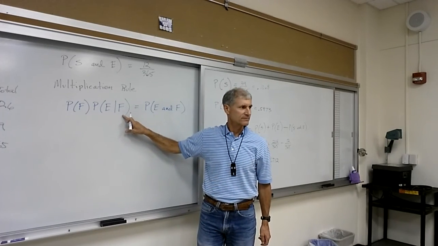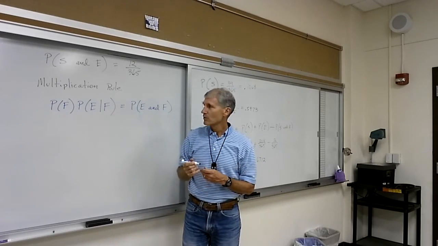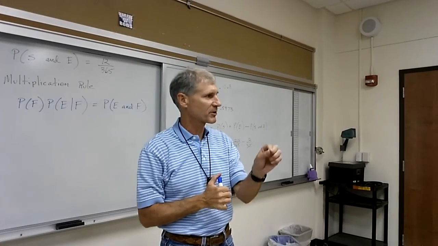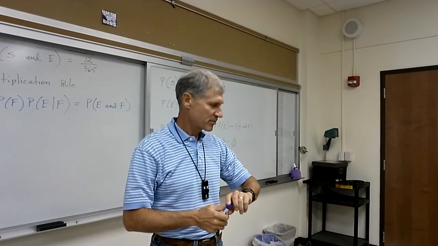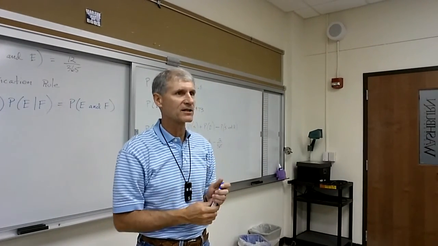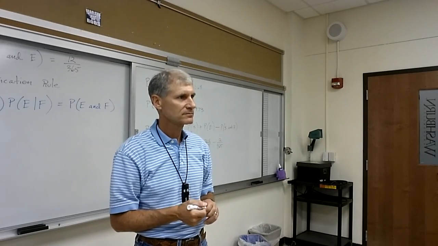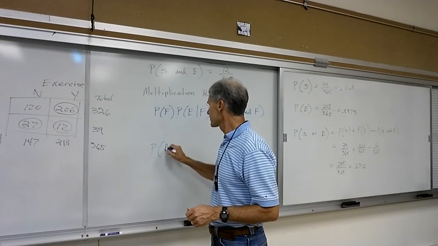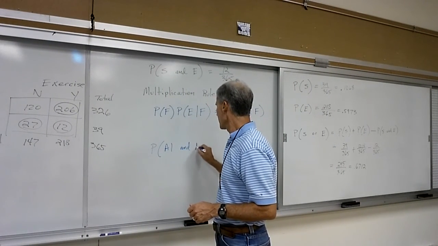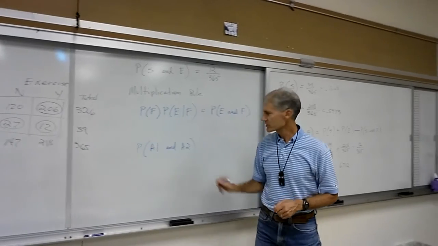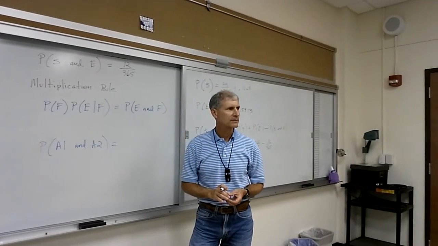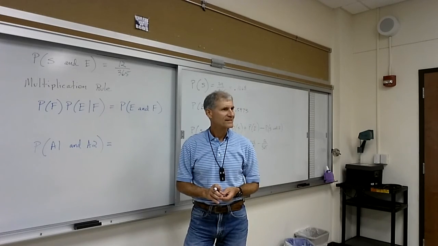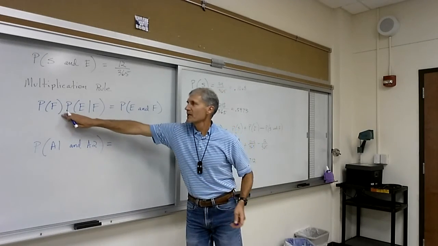Right? So, what's the probability that when we sampled without replacement on the cards, both of them got an ace? Probability of ace on the first draw and ace on the second draw. What's that probability? Use the multiplication rule.